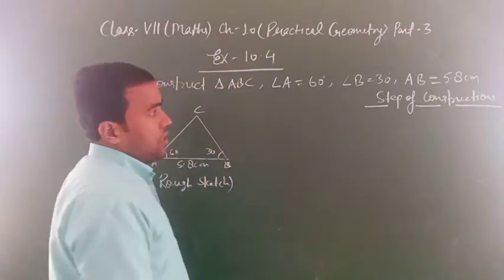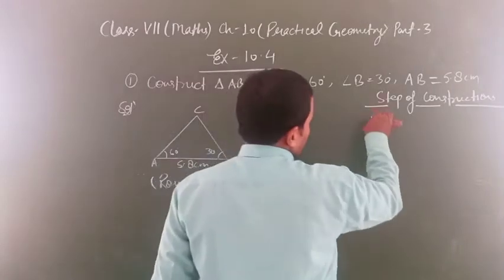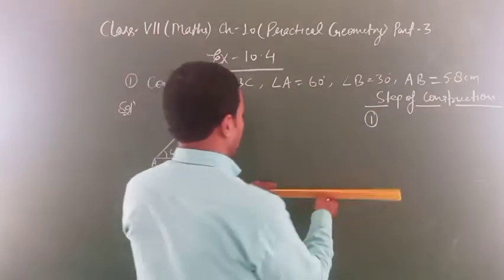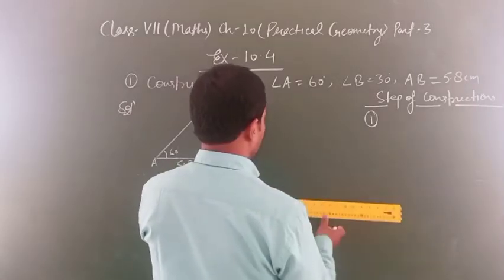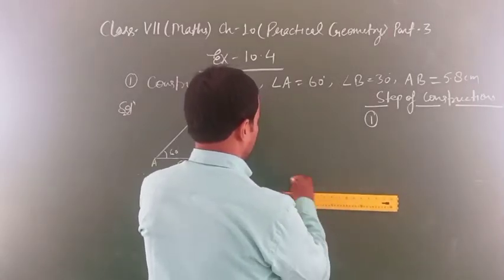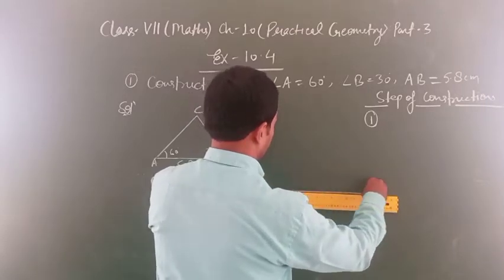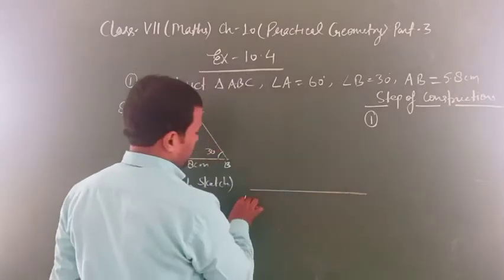So first of all, first step, draw a line segment 5.8 centimeters with the help of a scale. So we will make a line segment AB.